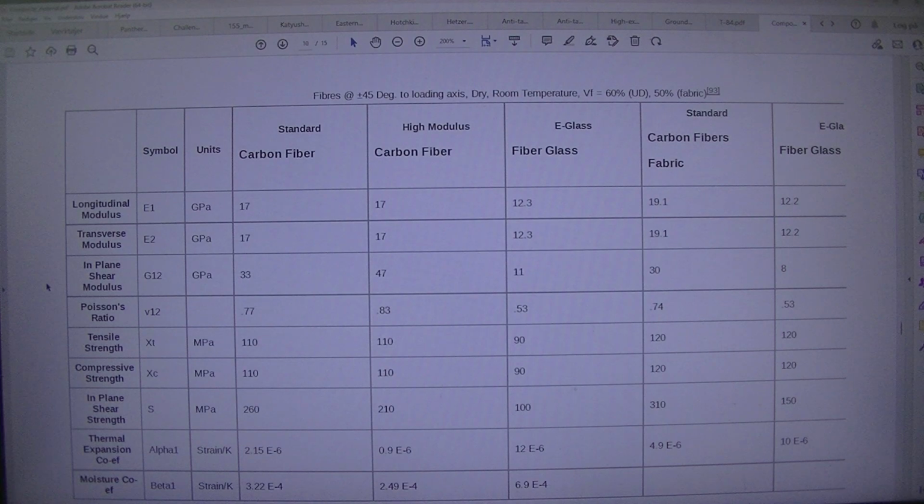Standard carbon fiber, high modulus carbon fiber, glass, standard carbon fibers fabric, glass. Longitudinal modulus E1, GPa: 171, 7, 12.3, 19.1, 12.2. Transverse modulus E2, GPa: 171, 7, 12.3, 19.1, 12.2. In-plane shear modulus G12, GPa.